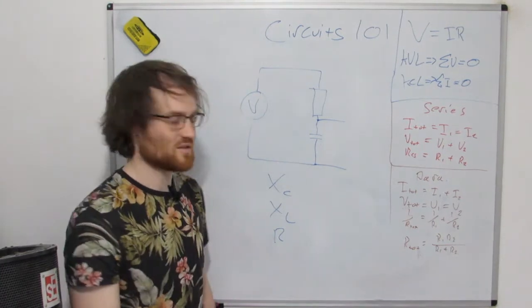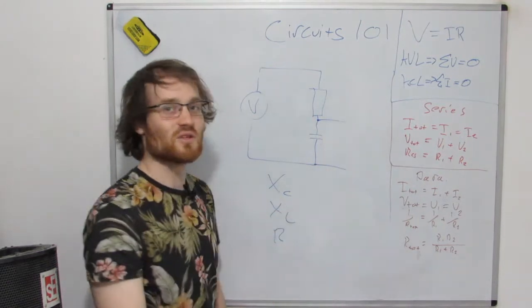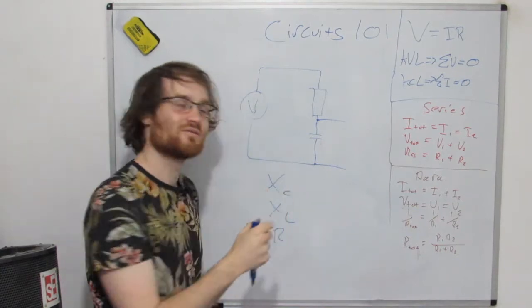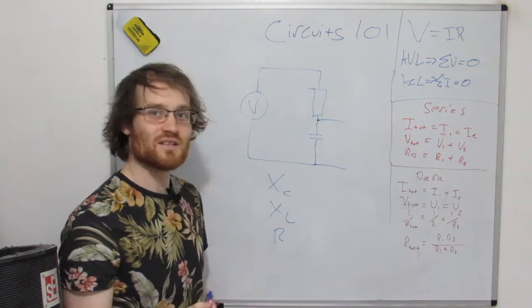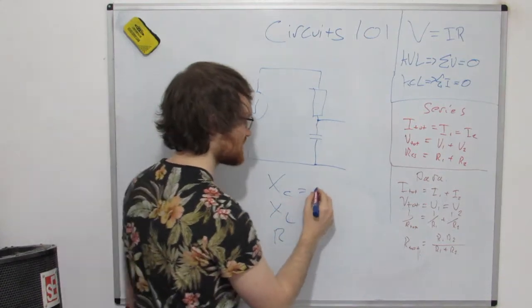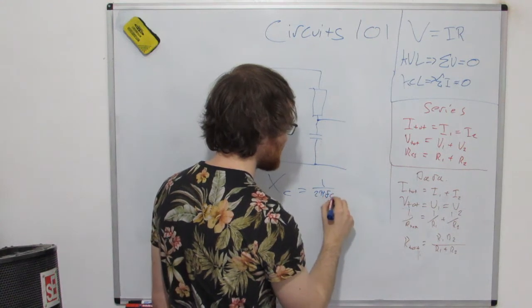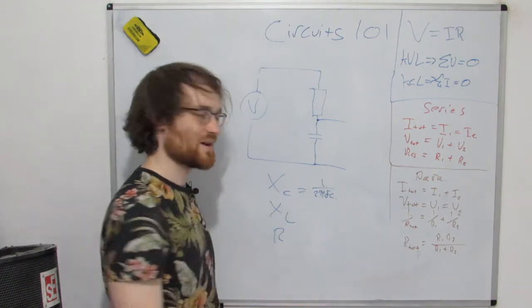Whereas your capacitive reactance and your inductive reactance obey Ohm's law, but the reactance itself, the impedance, varies with frequency. For a capacitor, it varies inversely with frequency: it's 1 over 2 pi times the frequency times the capacitance.